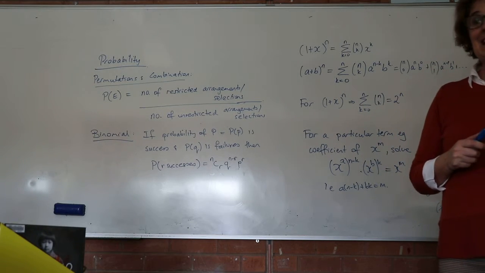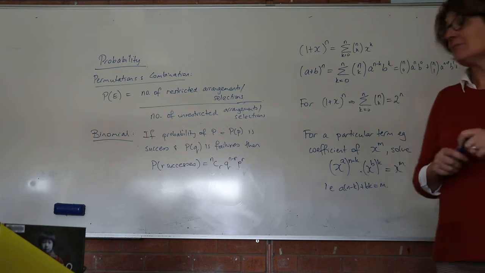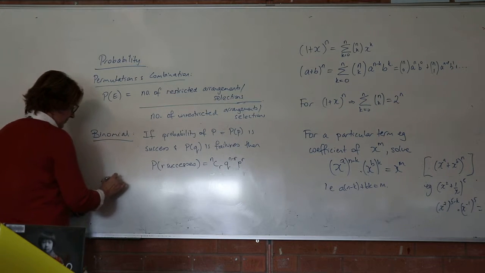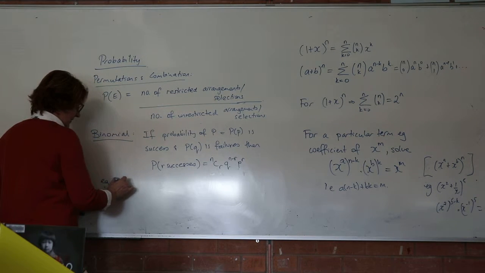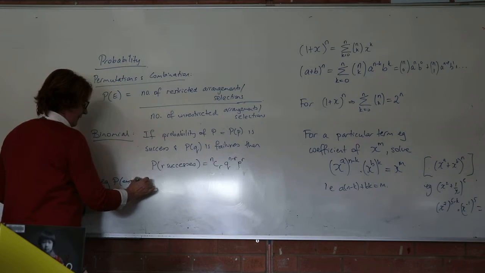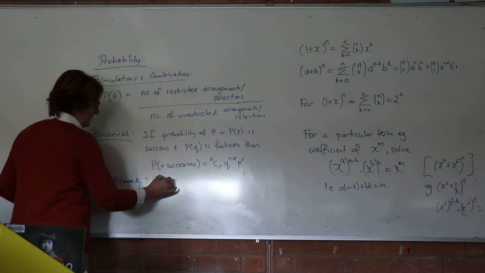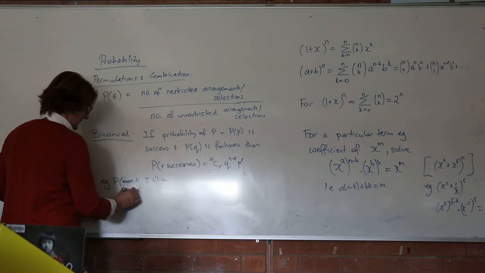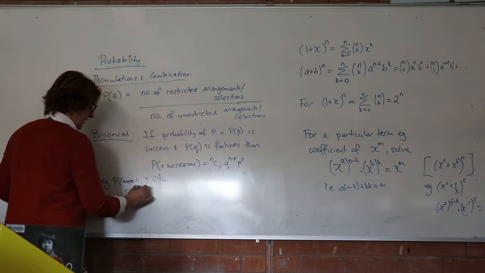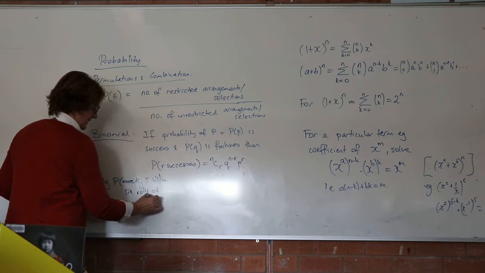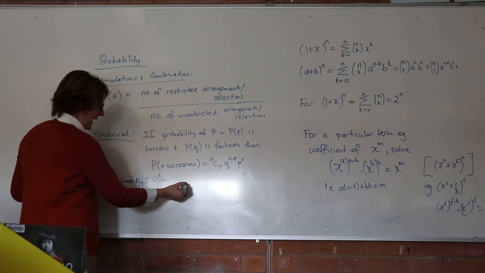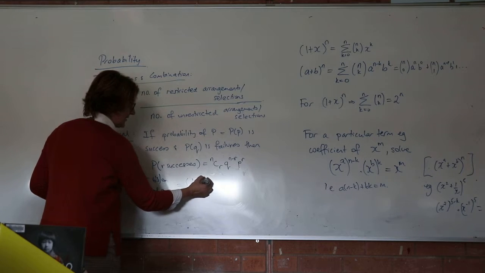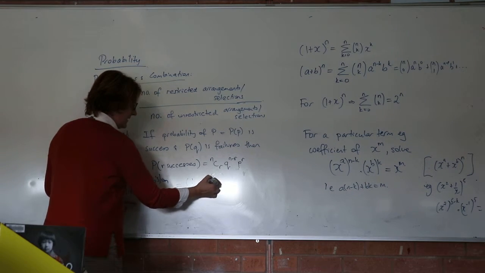And that's where, if we wanted to roll a die 6 times and wanted the probability of getting exactly 5 sixes, so the probability of exactly 5 sixes on 6 rolls of a die, then we're looking effectively at the expansion of (1/6 + 5/6) to the power of 6.